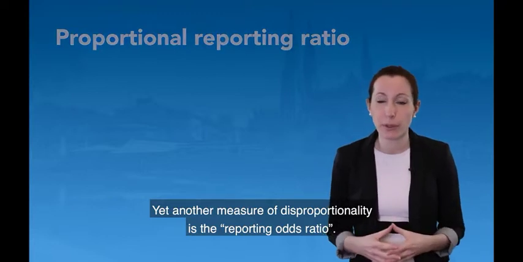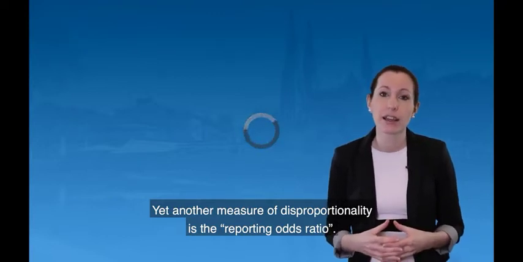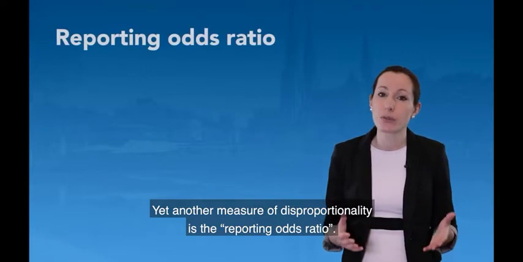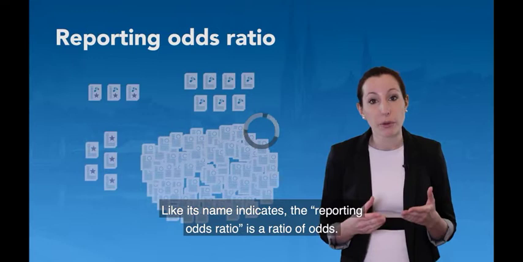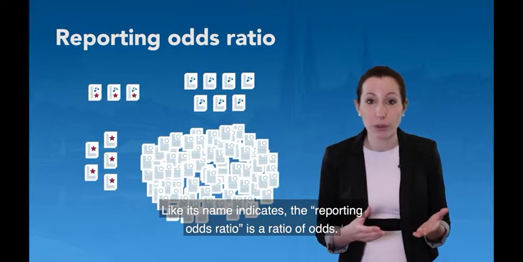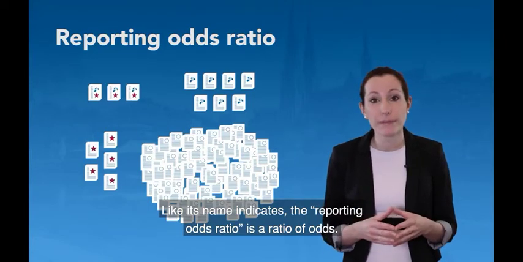Yet another measure of disproportionality is the reporting odds ratio. Like its name indicates, the reporting odds ratio is a ratio of odds.